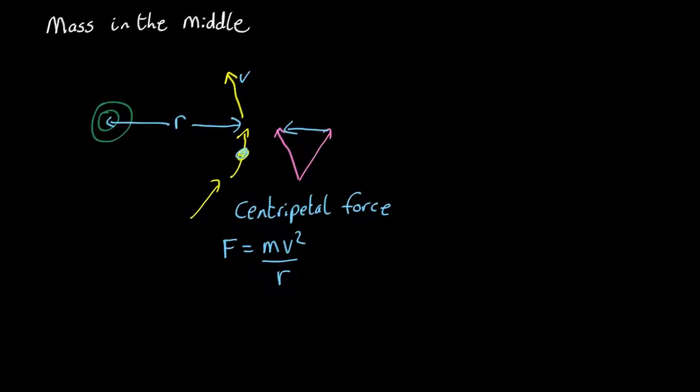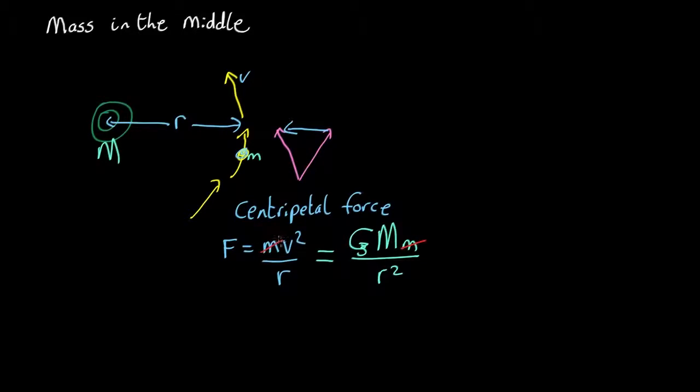So we know that this is the force, and we know that it is supplied by gravity. So this must equal GMm over r squared, where big M is the mass of this thing here, small m is the mass of that one.